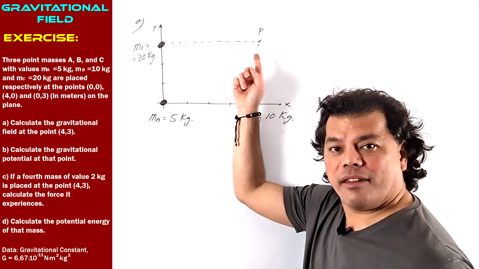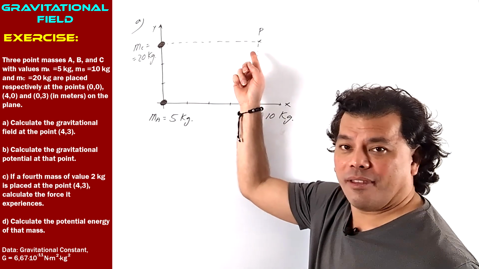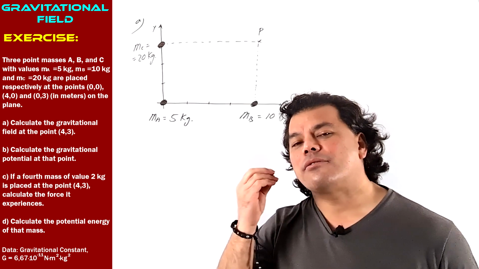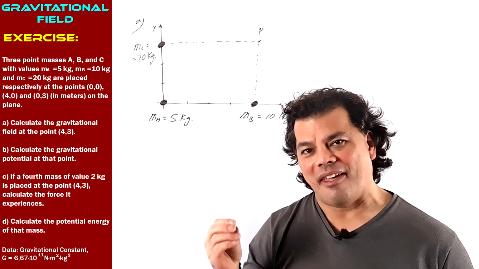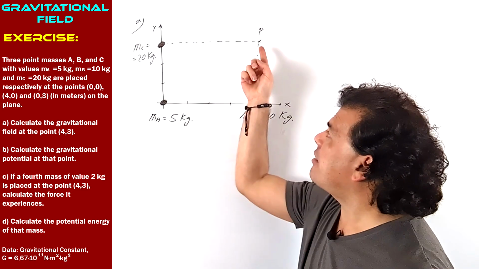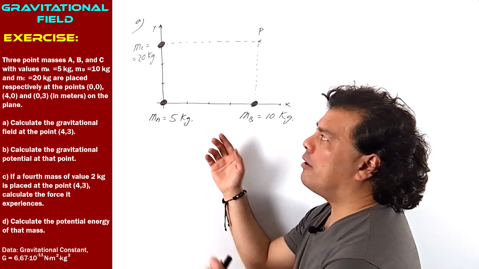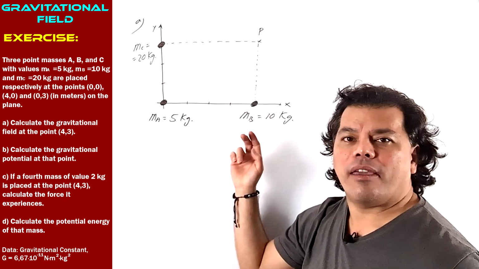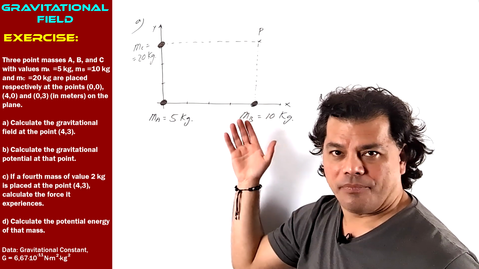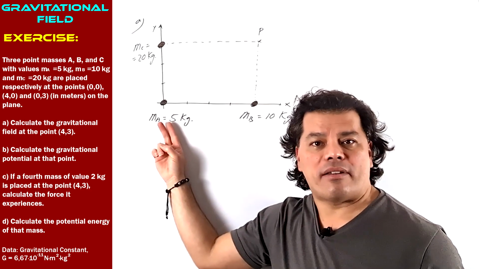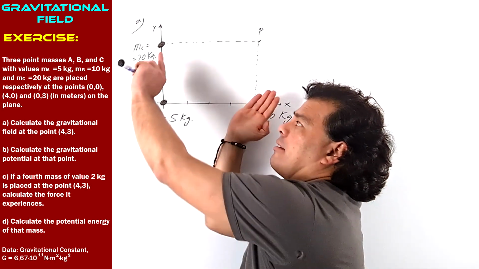We begin by calculating the gravitational field at point P, and to do that we are applying something called the superposition principle, which means that the final gravitational field at point P will be the sum of the gravitational fields created by these masses.